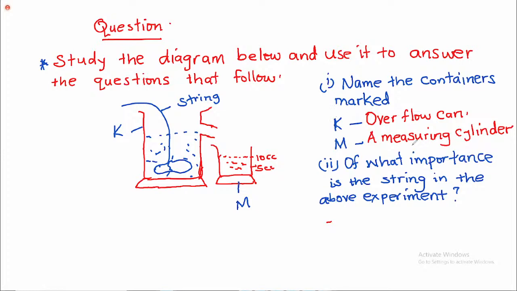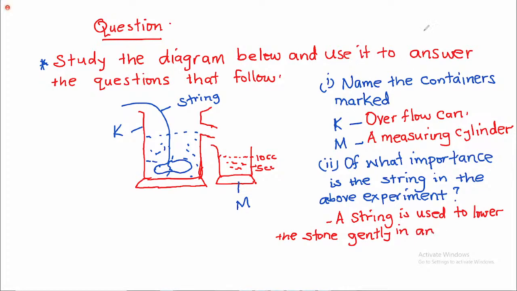A string is used to lower the stone gently in an overflow can, or we can say in water, because that water is in the container called the overflow can.